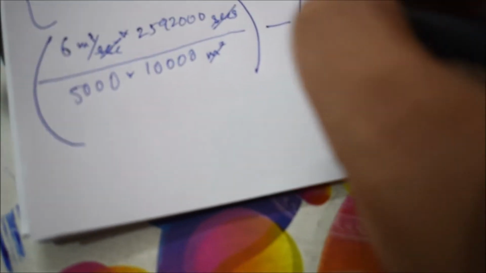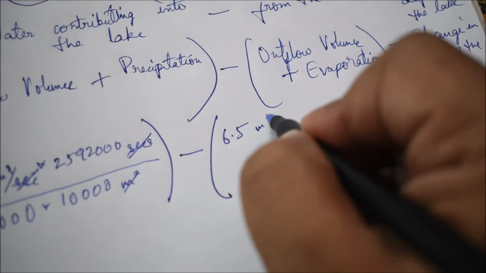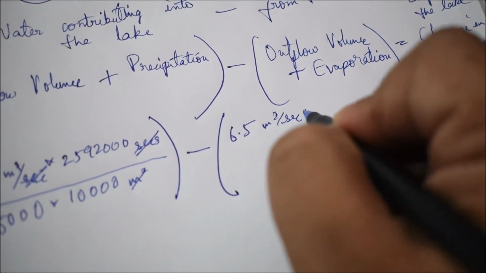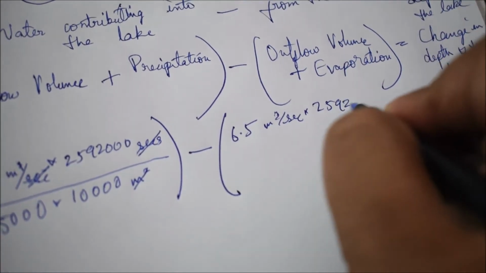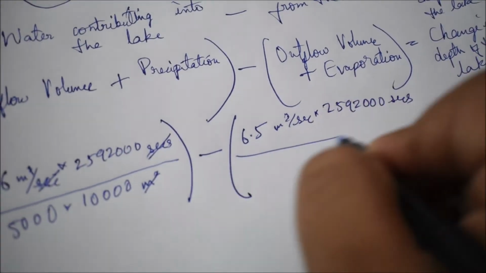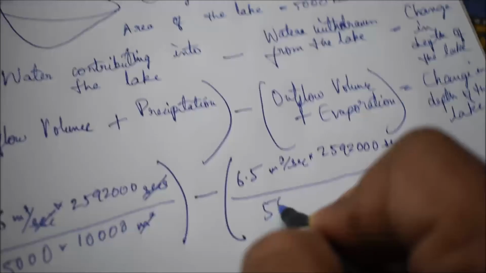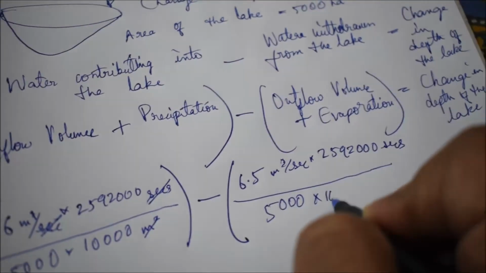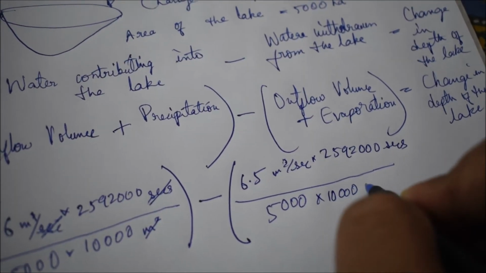The same way we also have to multiply the outflow volume, which is 6.5 meter cube per second, into 2,592,000 seconds, whole thing divided by 5,000 into 10,000 meter square.